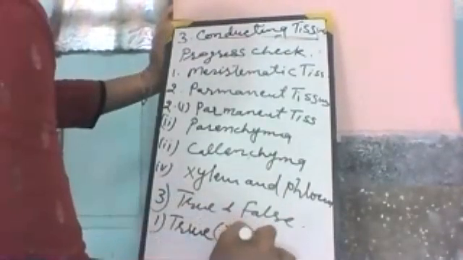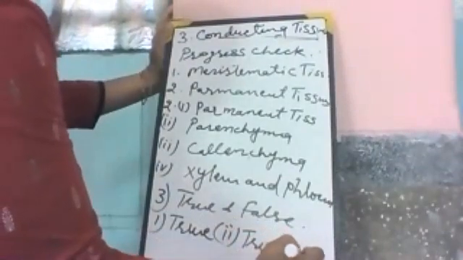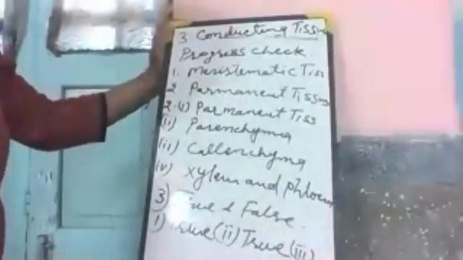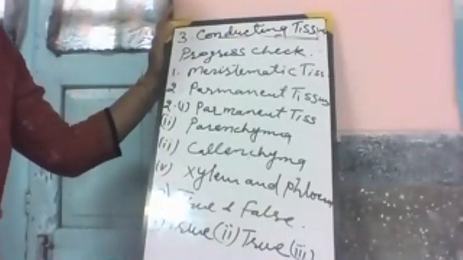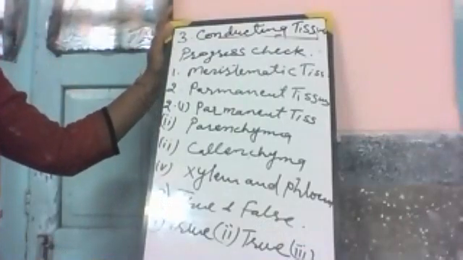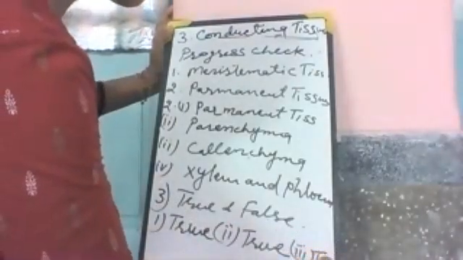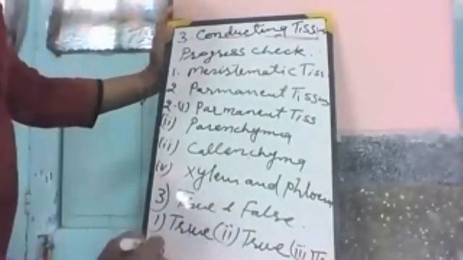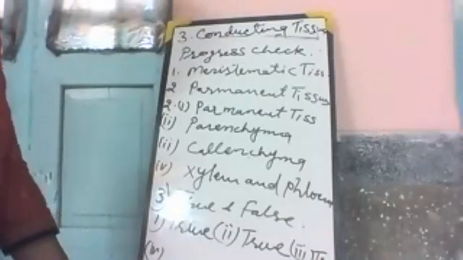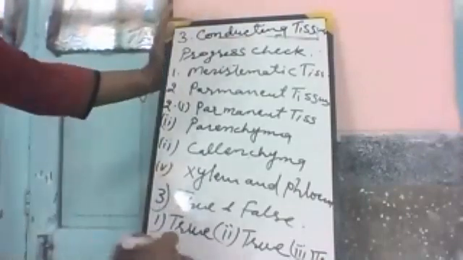It is again true. The third one is the older xylem tissue does not participate in conduction. Yes, it is also true. And the fourth one is sclerenchyma consists of actively dividing cells. False.